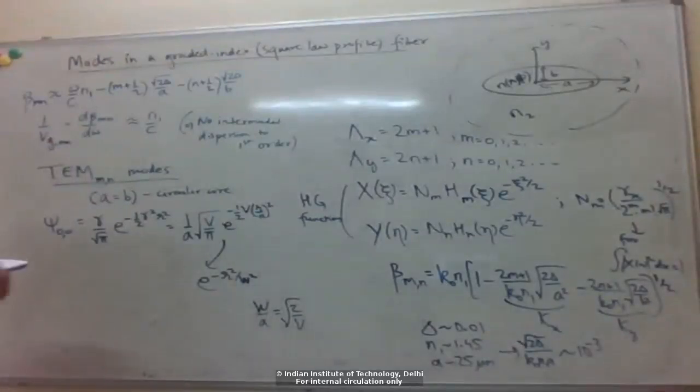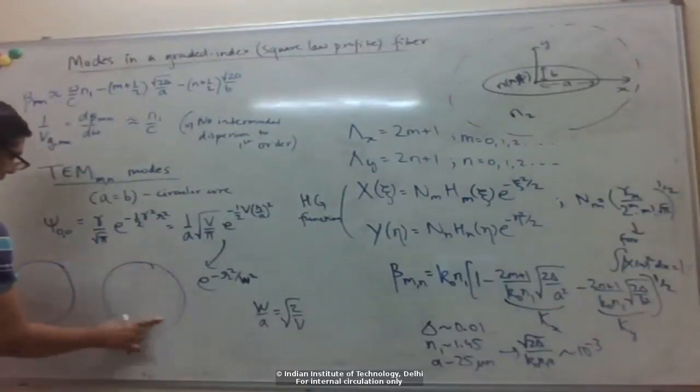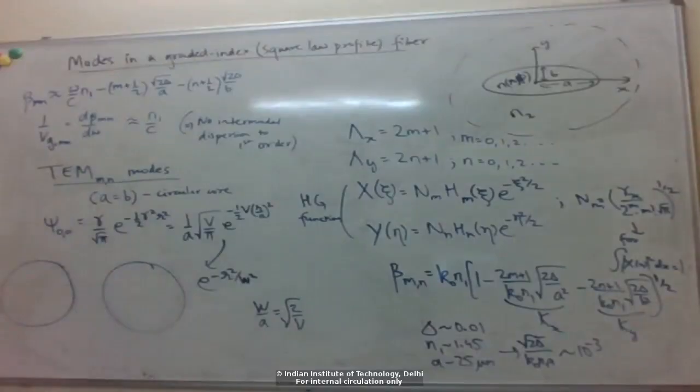So how do the modes look? The profile is a Gaussian in the radial coordinate, and it could be either x polarized or y polarized. We started with just a scalar wave equation, so the solution could be for either Ex or Ey, and they're linearly polarized.